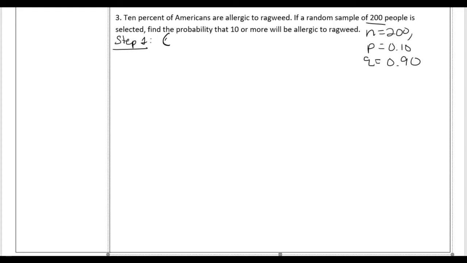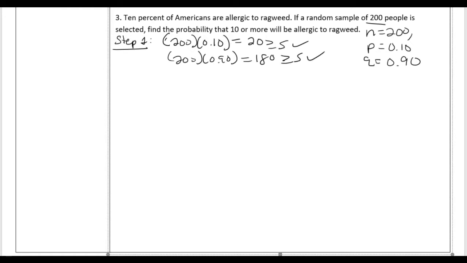So 200 times 0.10 is 20, which is greater than or equal to 5, so that checks out. And then we have 200 times 0.90, which is 180, which is greater than or equal to 5, so that checks out.